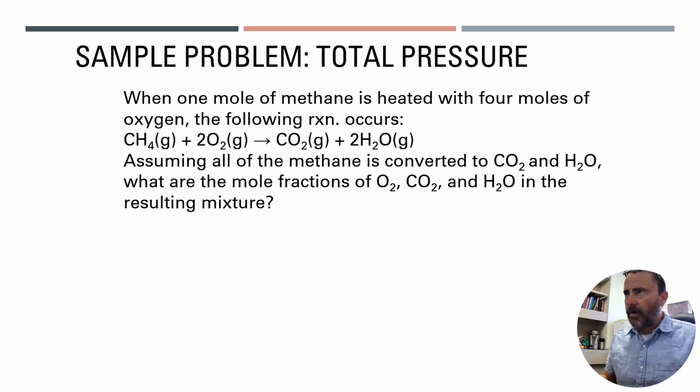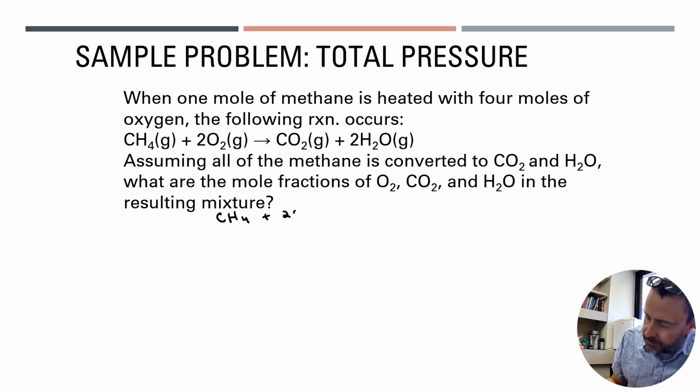Okay, so when we get here, I'm going to write what we call an ICE table. It might be the first time we've seen an ICE table, and it won't be the last if you're going on to our Chem 2. Here I've got my CH4, 2 oxygens, producing carbon dioxide and my 2 waters.